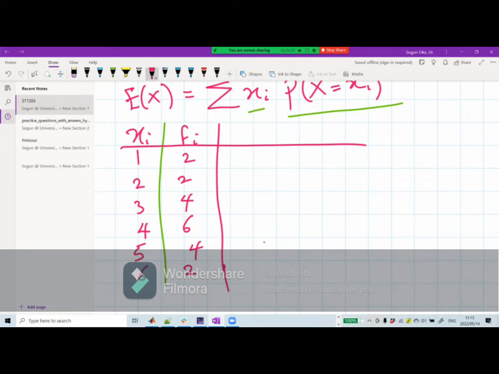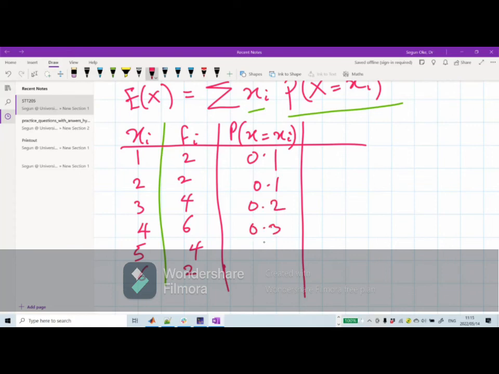Then we have probability of x equals to xi. We know it: 0.1, 0.2, 0.1 rather, 0.2, 0.3, 0.2, and 0.1. We all know that the total is 1.0, right?